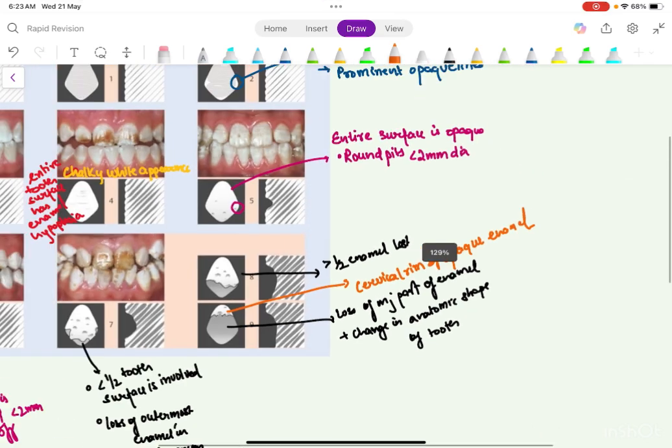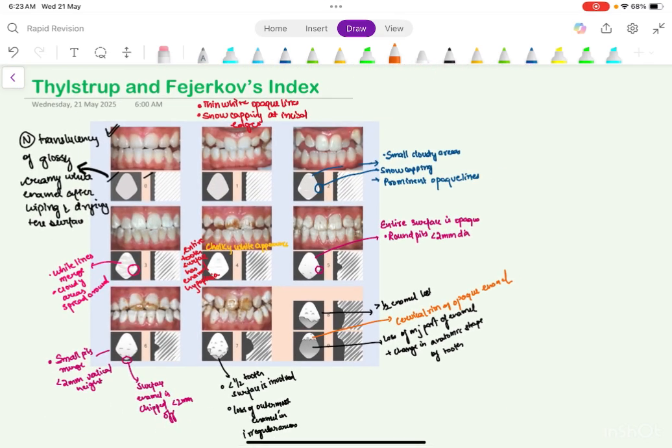Okay, so this covers the Thylstrup and Fejerskov's index.